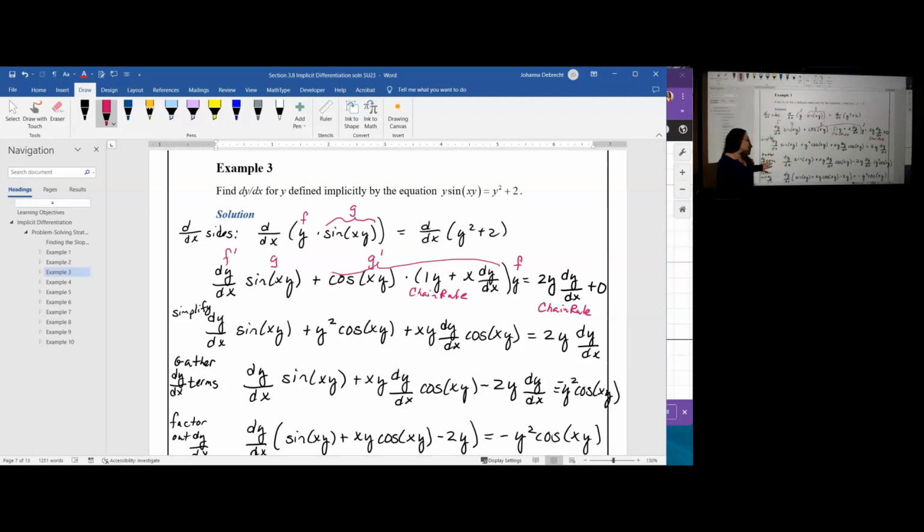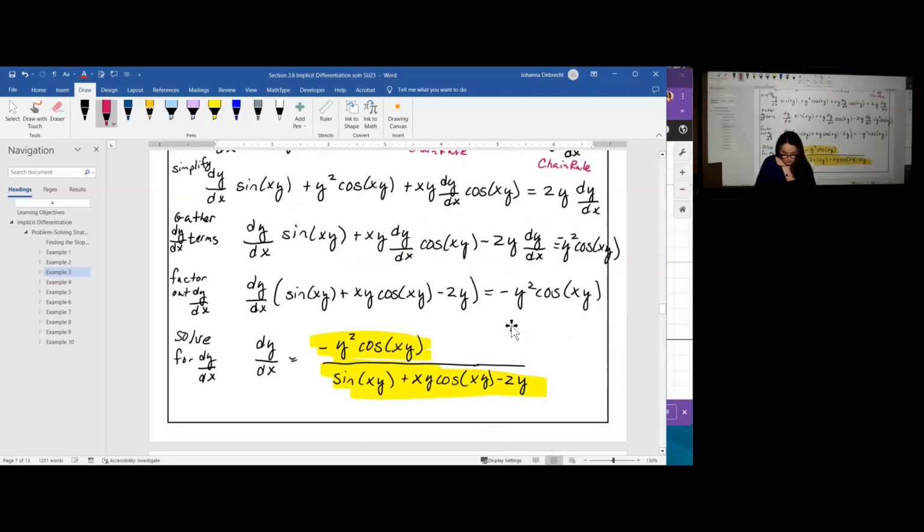Then we gather our dy dx terms on the left and we move the single term that does not have dy dx to the right. Finally, we want to factor out the dy dx and then divide by its coefficient.